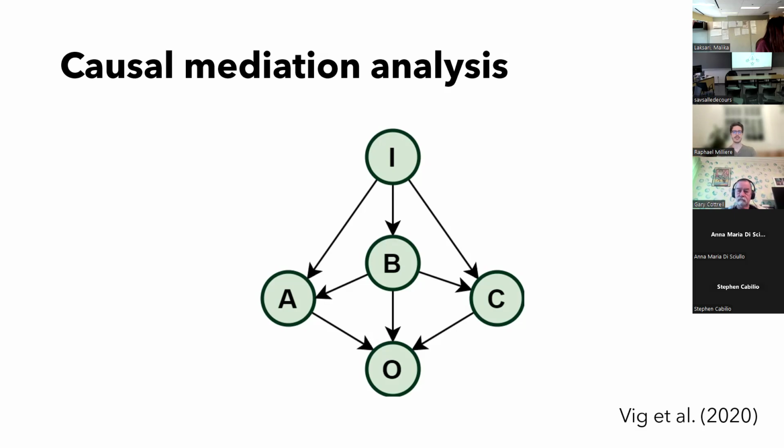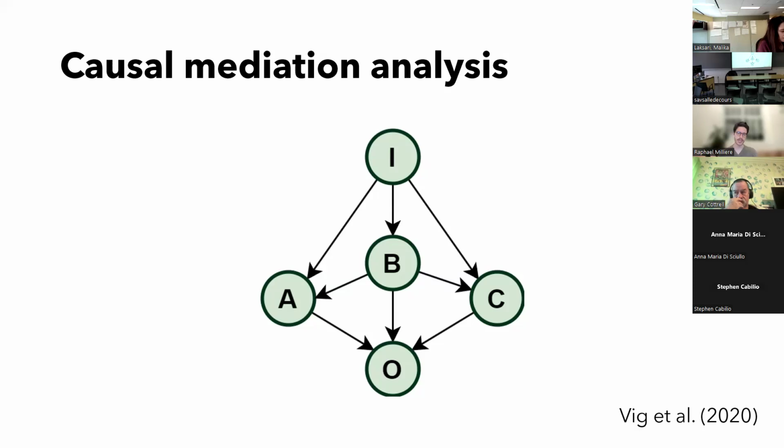And so the idea is to distinguish between the direct effect of the independent variable on the outcome and the indirect effect that operates through the mediator. We can do that by measuring a change in the output following some kind of counterfactual intervention on the intermediate variable, or on the mediator.